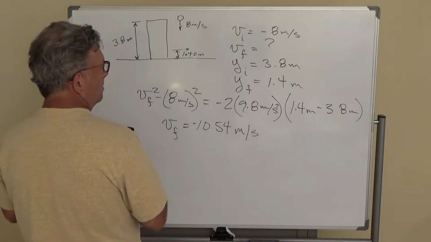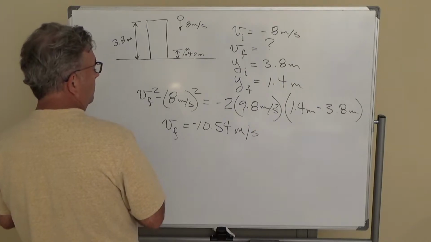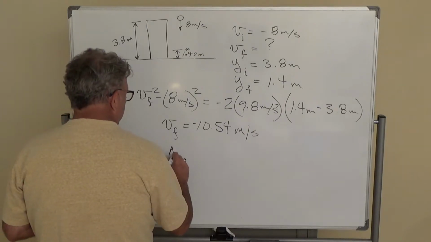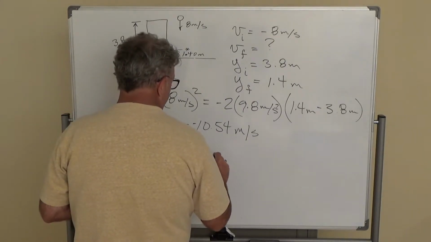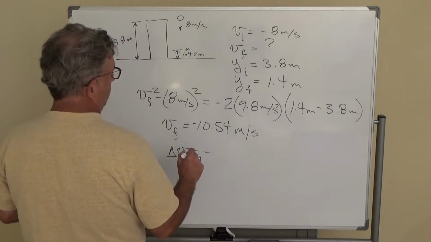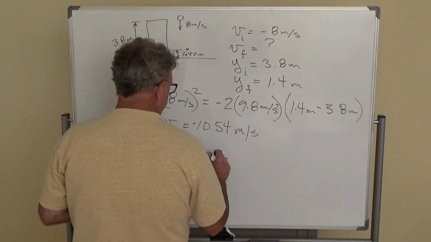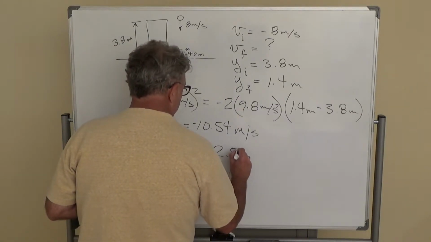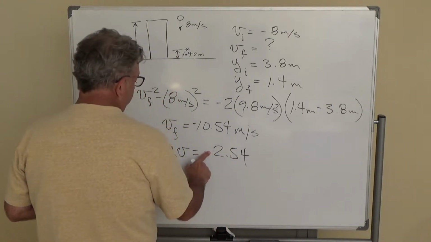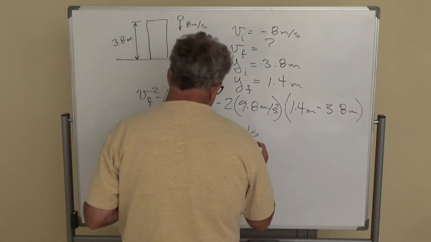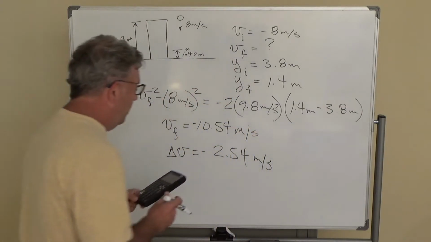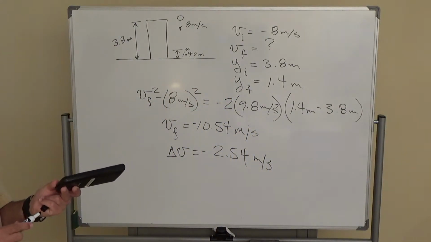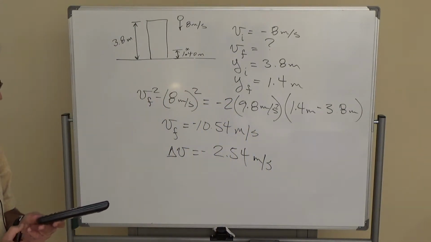So you get 2.54. So delta V is equal to negative 2.54. Really, for deltas, you don't typically, well, let's put the negative. I don't know if they're going to want the negative or not, but yeah, okay. Negative 2.54.